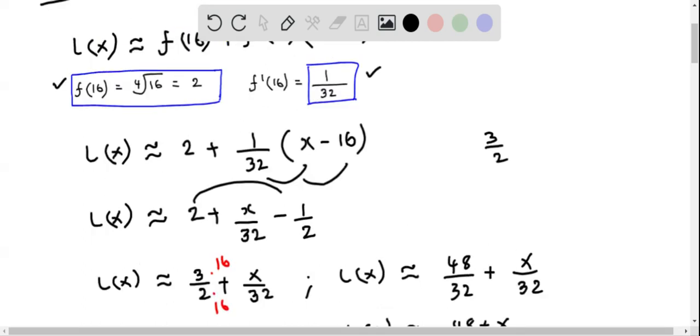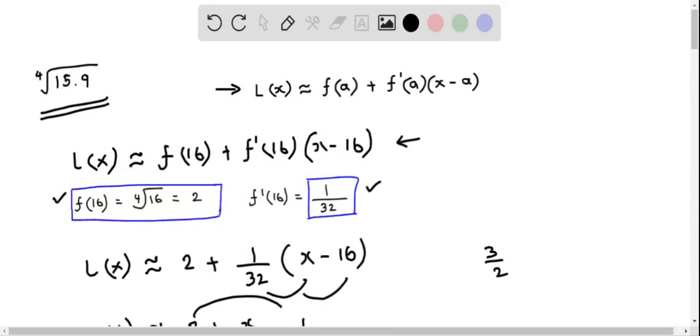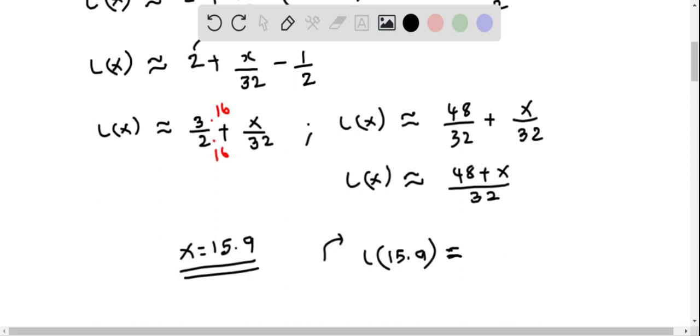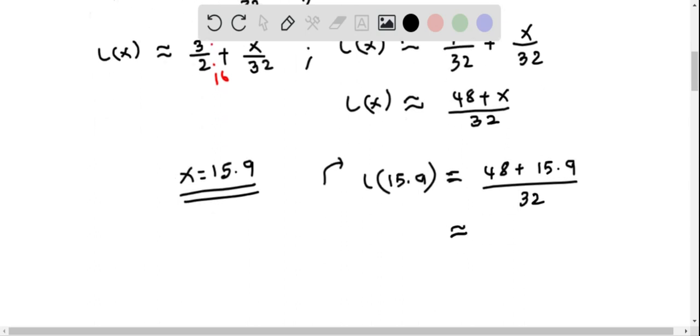So now we have this linear approximation equation. We can utilize it to find the fourth root of 15.9. We plug in x equal to 15.9 into our linear approximation equation. When we do that, we get L of 15.9 is approximately equal to (48 plus 15.9) over 32, which is approximately 63.9 over 32.